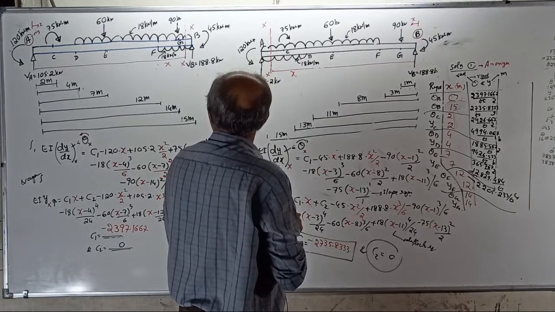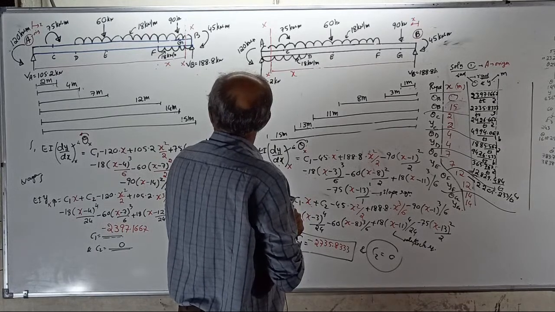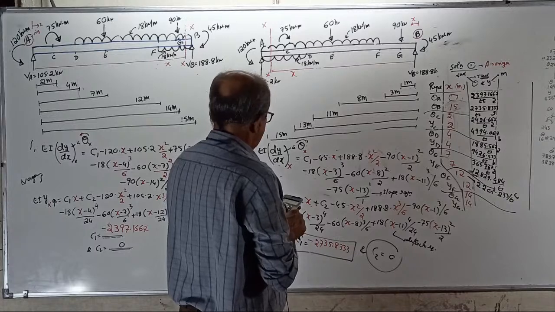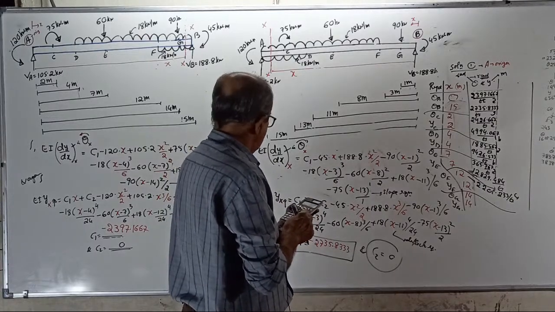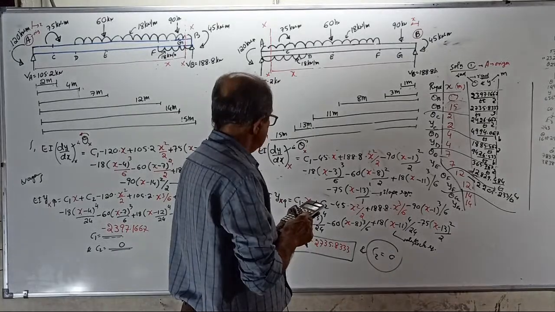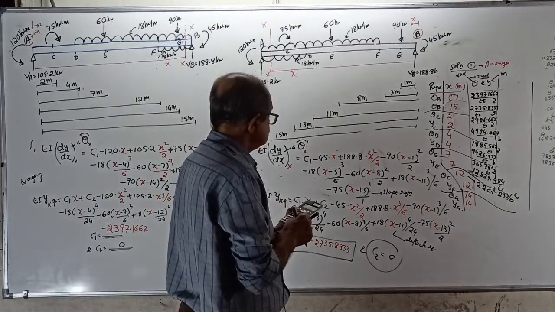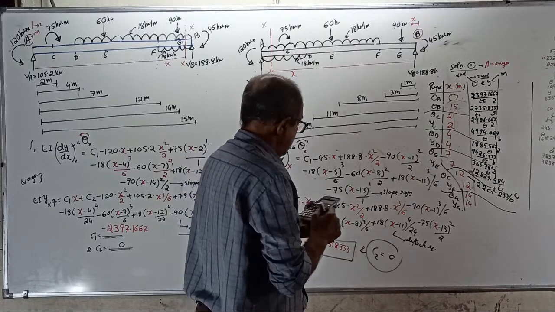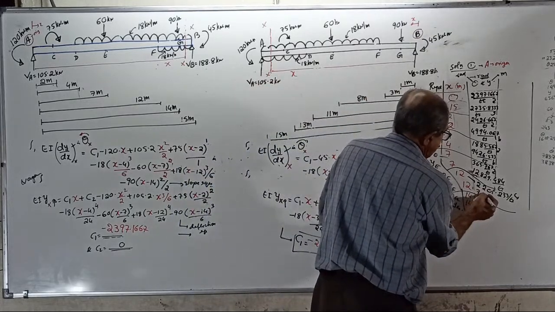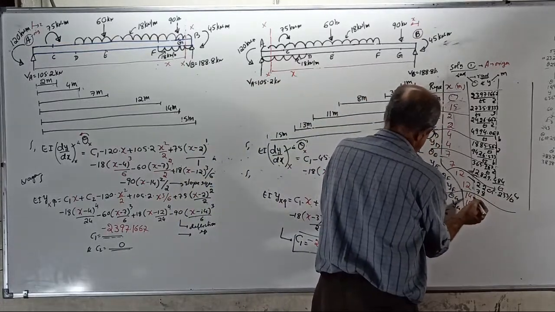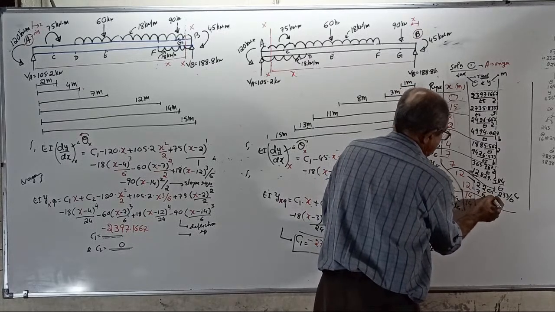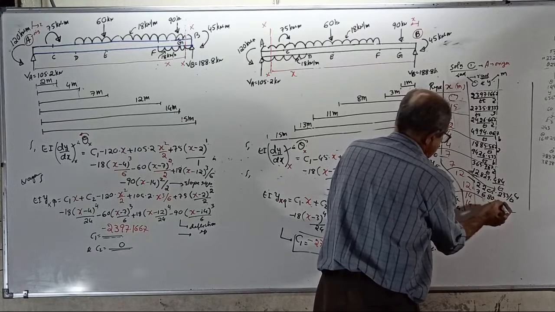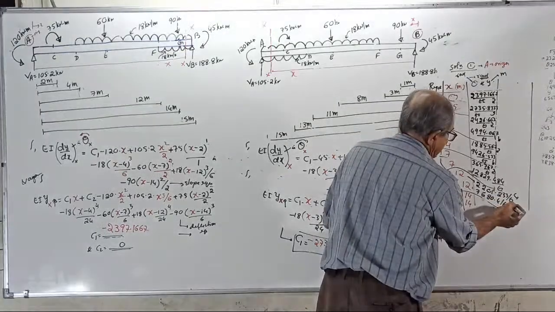Where am I doing? At F. x equal to minus 18 into 2, it is not there, it is not into 0. Deflection will come 7680.4 by EI meter down.